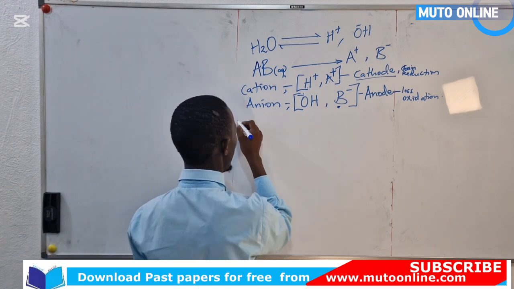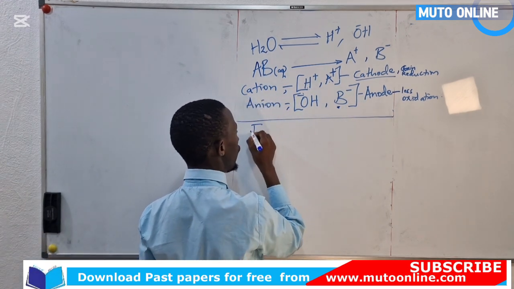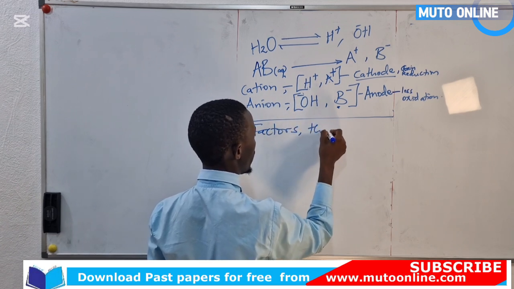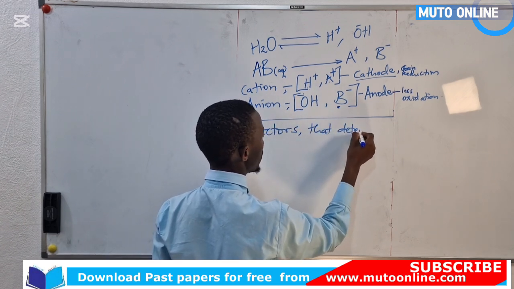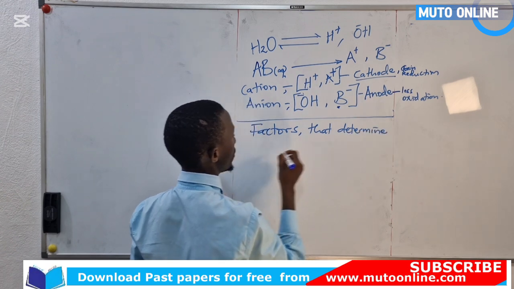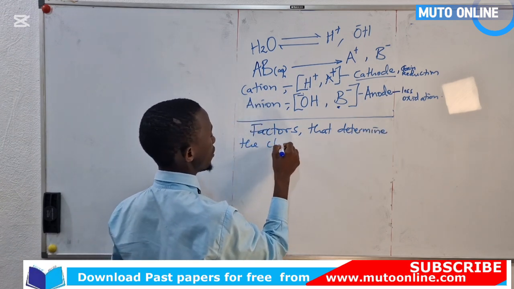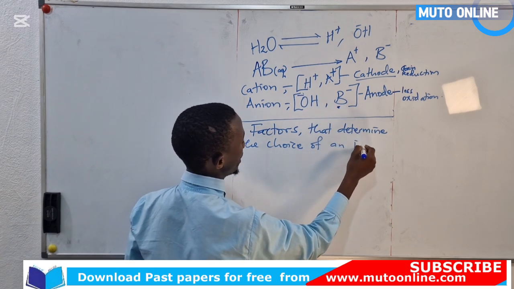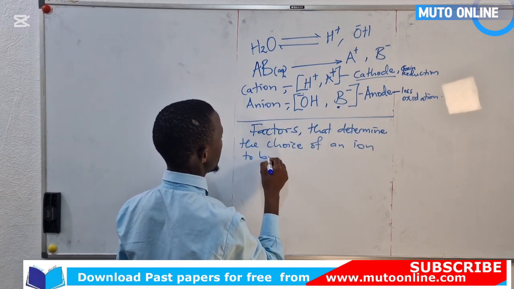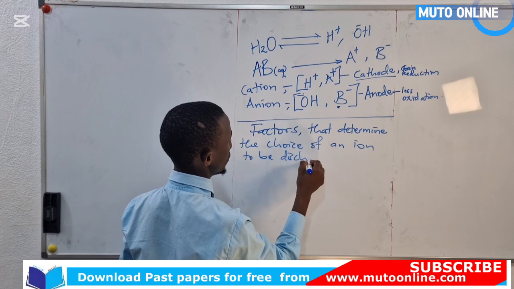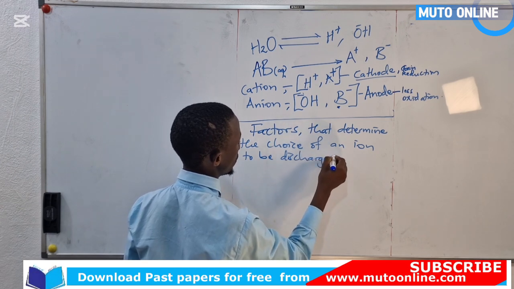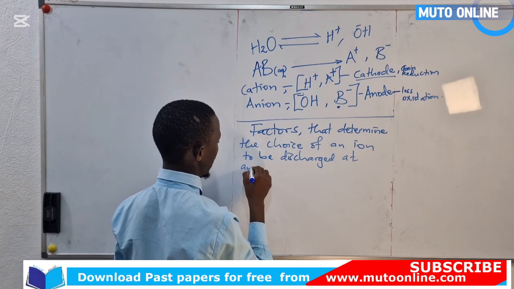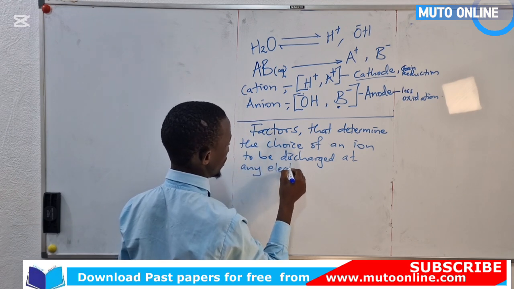So in this video, we are going to look at the factors that determine the choice of an ion to be discharged at any electrode.